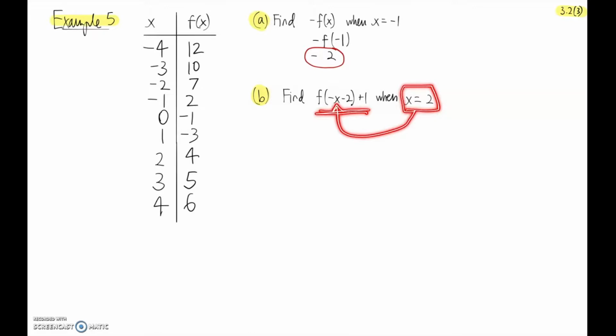That's going to be my first step. So f of negative x, but x is 2, minus 2 plus 1. And that should be f of negative 2 minus 2, which is negative 4, plus 1.